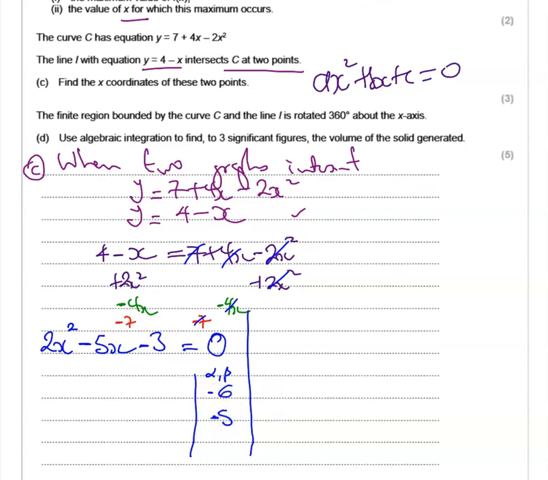With a little think, you will come up with a 6 and a 1, and since we want to add them to get minus 5, we assign the negative to the 6. So we now have 2x squared minus 6x, add 1x, minus 3 equal to 0.